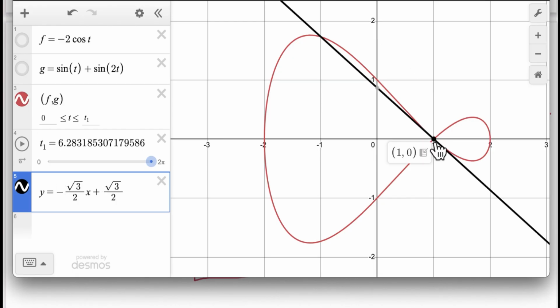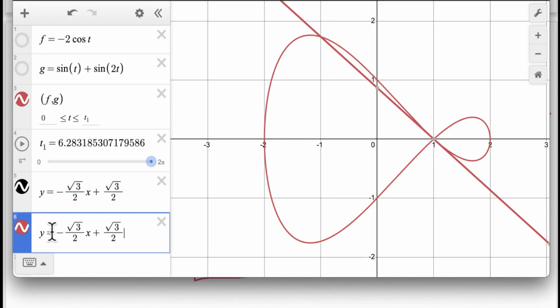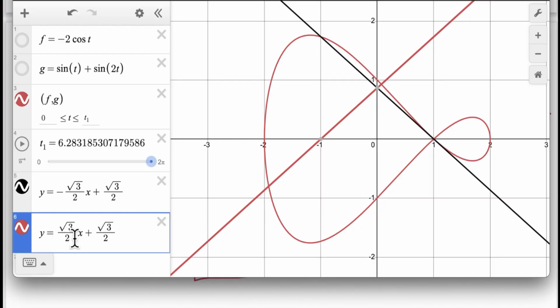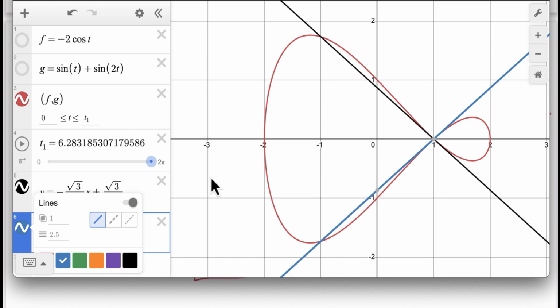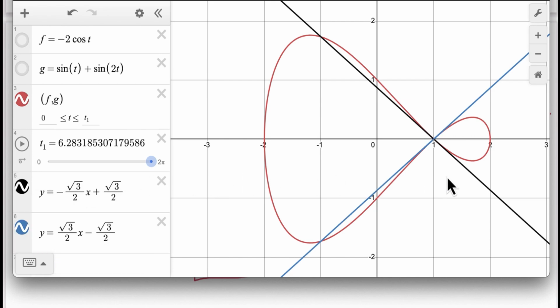Notice it's going through 1, and it does look like it's tangent to the curve at that point. The next one, we just change some signs around, and it looks good as well. So there we have it. Looks like the visual proves that we have our two tangent lines.